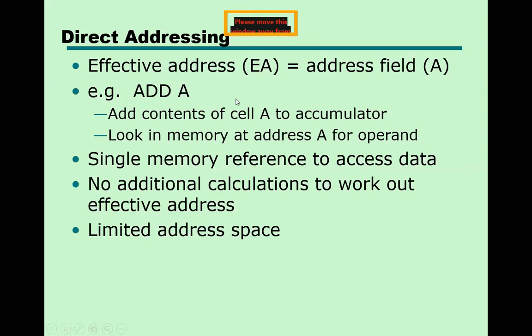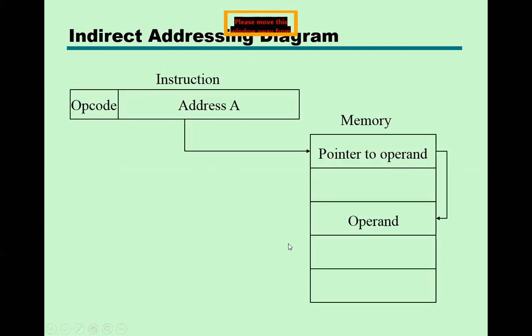Whatever address is there, you directly choose the value from that address. But again, it has a limitation. What is the limitation? Limited address space.